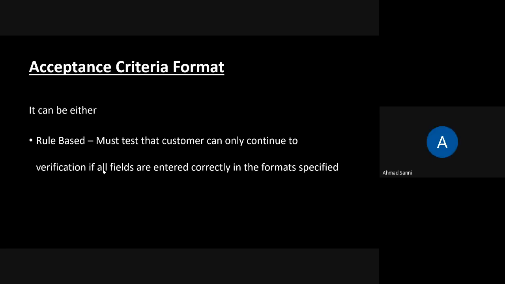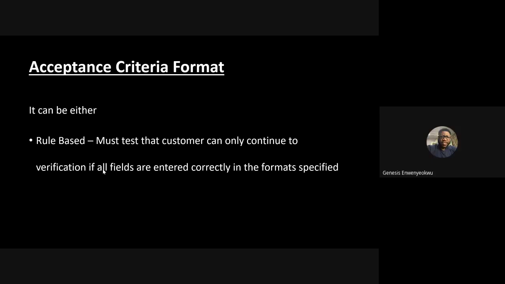So can I conclude that the rule base tends towards the technical perspective, while the criteria is from the user's perspective? So you won't say technical perspective per se. It depends on how you want to communicate it.